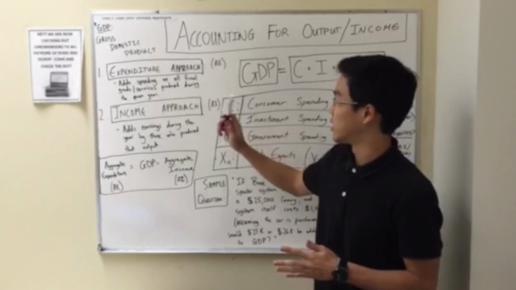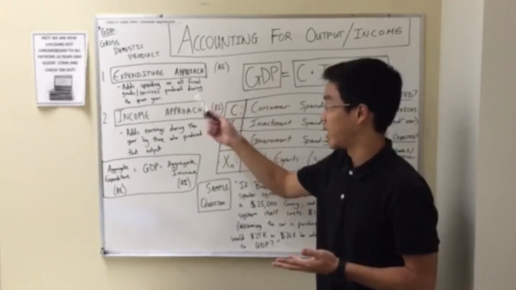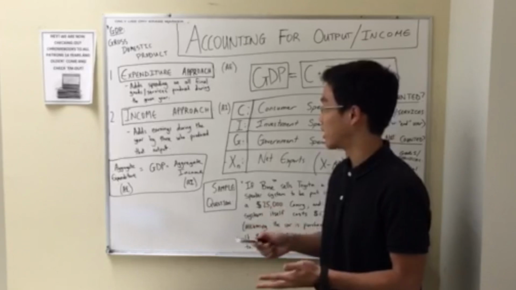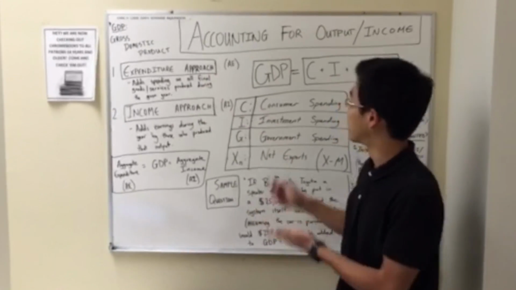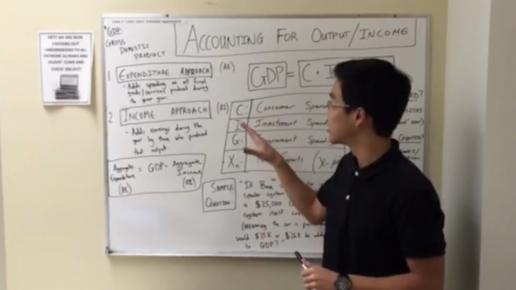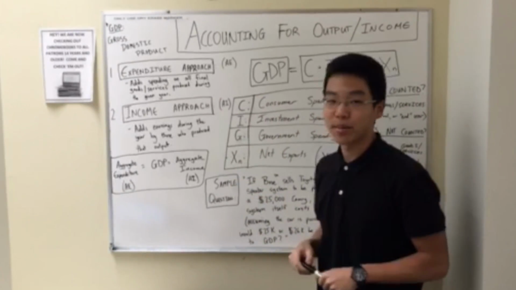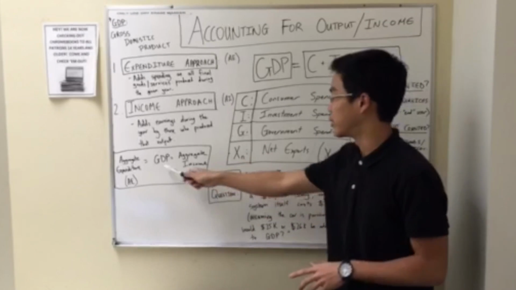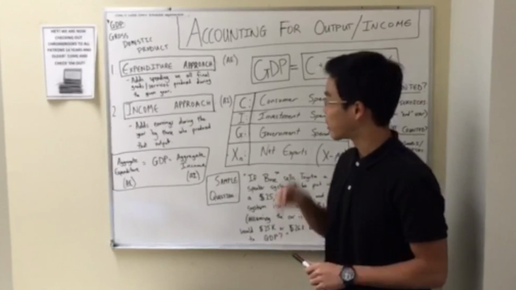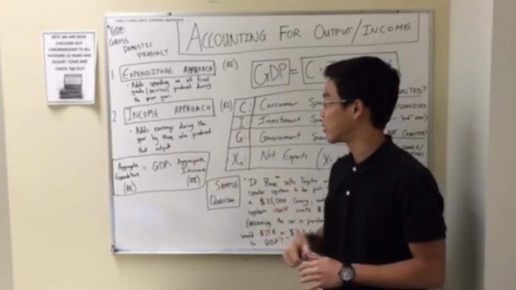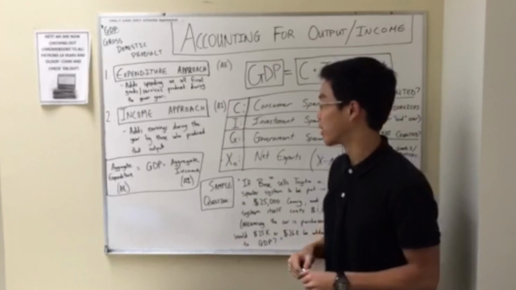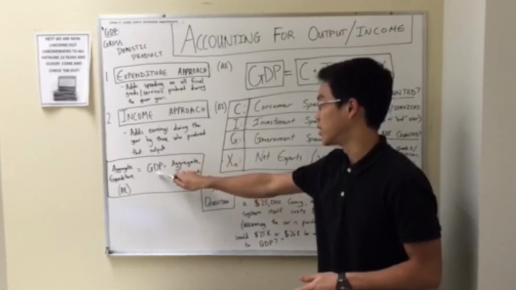So for example, let's say McDonald's itself is a country and all they produce is a burger. Through the expenditure approach, what you would do to measure GDP is add up all consumer spending spent towards that burger, add it up, and that will yield GDP. Through the income approach, with the same scenario, all you would have to do is add all of McDonald's earnings from what they sold through burgers, and that would yield GDP as well.